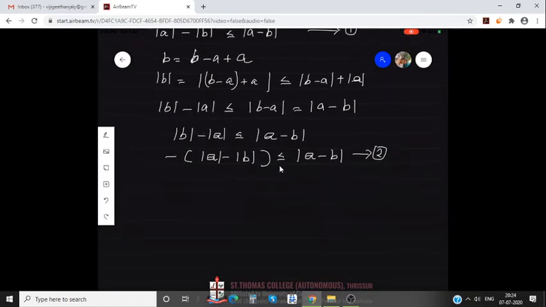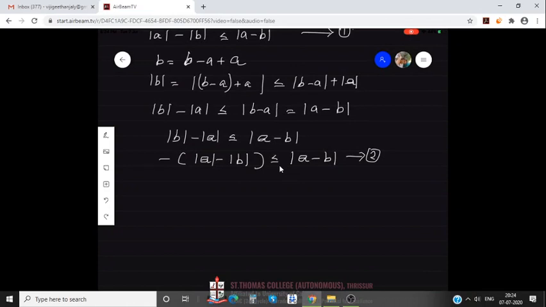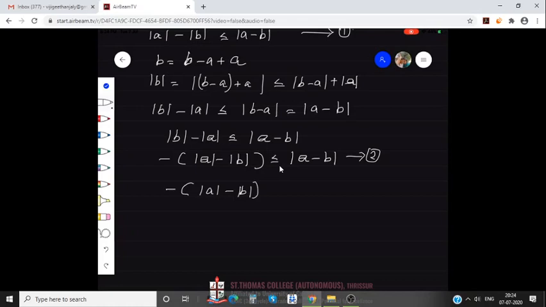Now combine 1 and 2. Okay, I will do one thing.